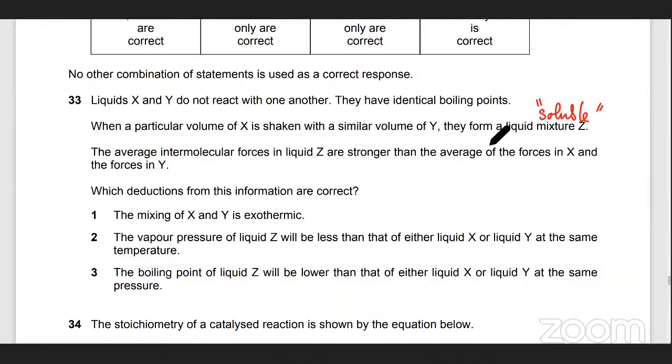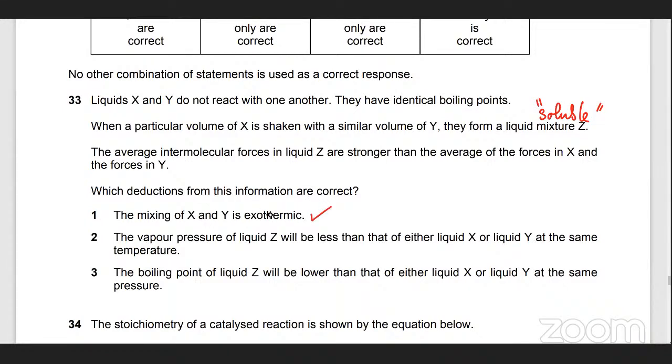The average intermolecular forces in liquid Z are stronger than the average of the forces in X and the forces in Y. So the mixture Z, the intermolecular forces are stronger. Which deductions from this information are correct? Mixing of X and Y is exothermic. That is true.